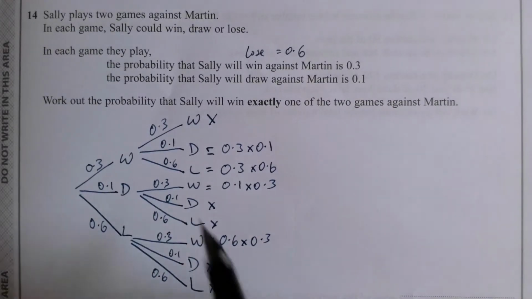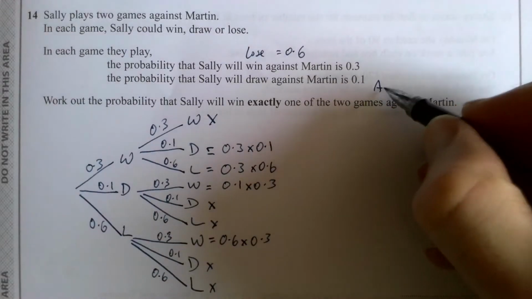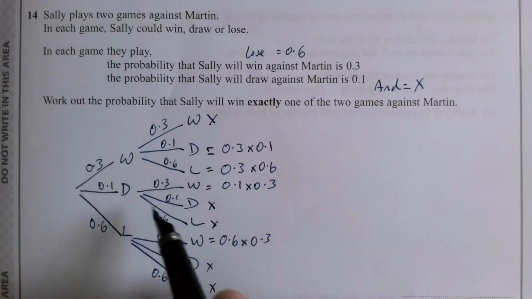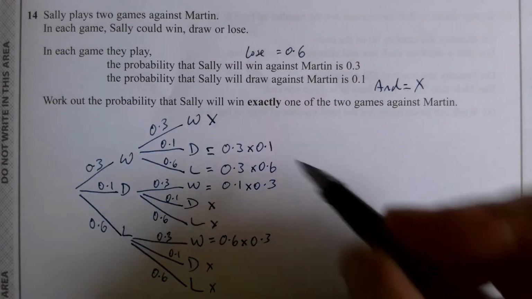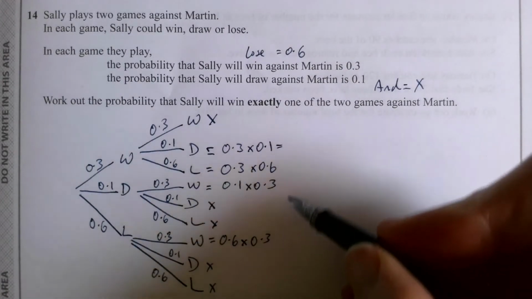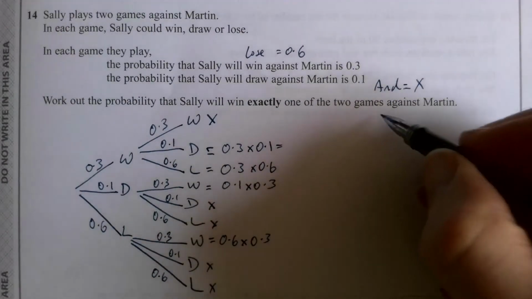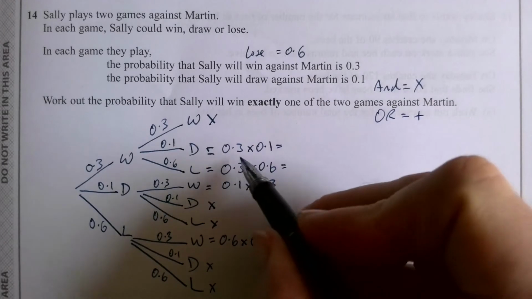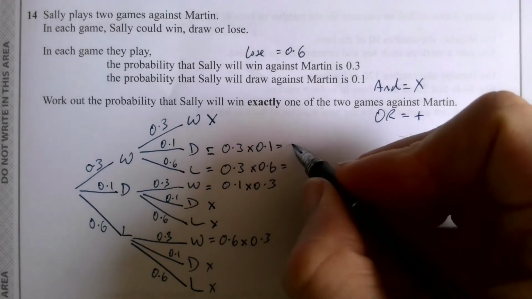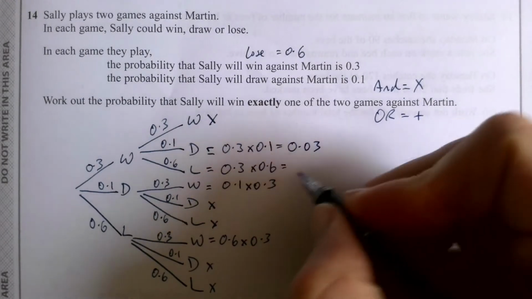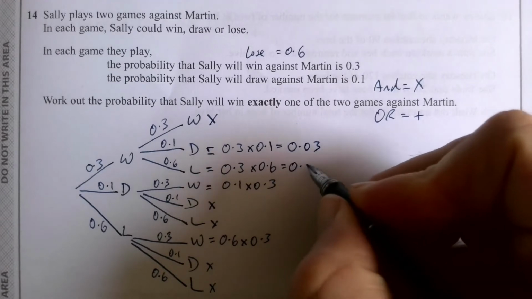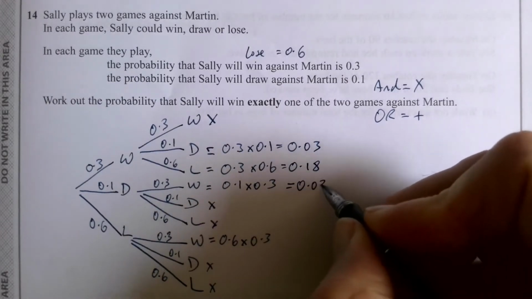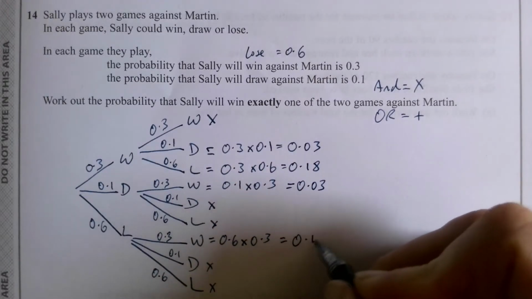So, and means multiply, so this is winning and drawing and winning. And then once we've got that, any of these 4 could do it, and or means we add them together because that's going to make it more likely. 0.3 times 0.1 is 0.03. 3 6s are 18, so 0.18, 0.03, and another 0.18.